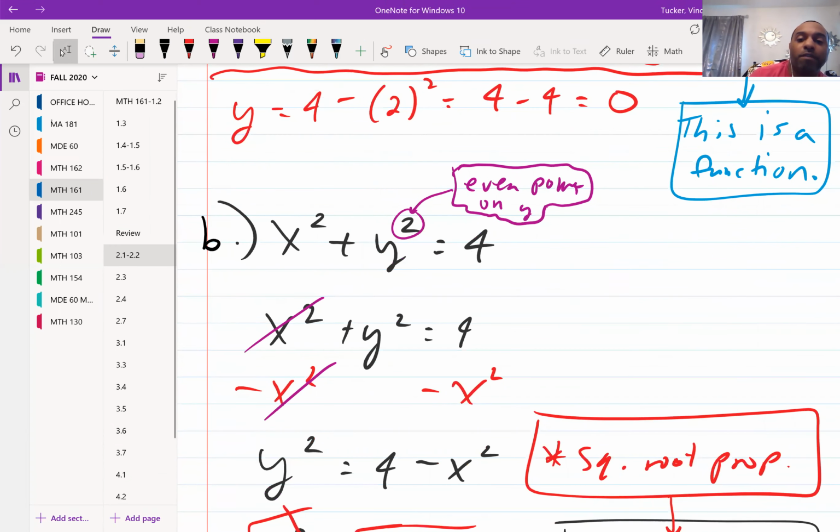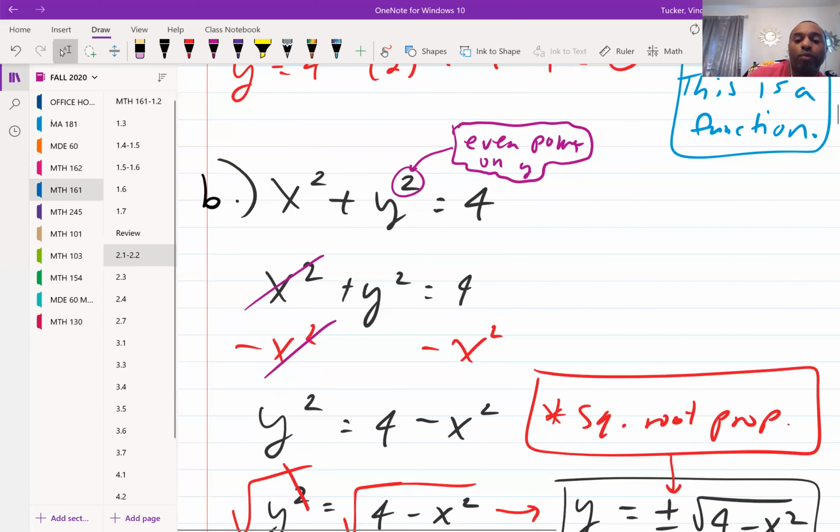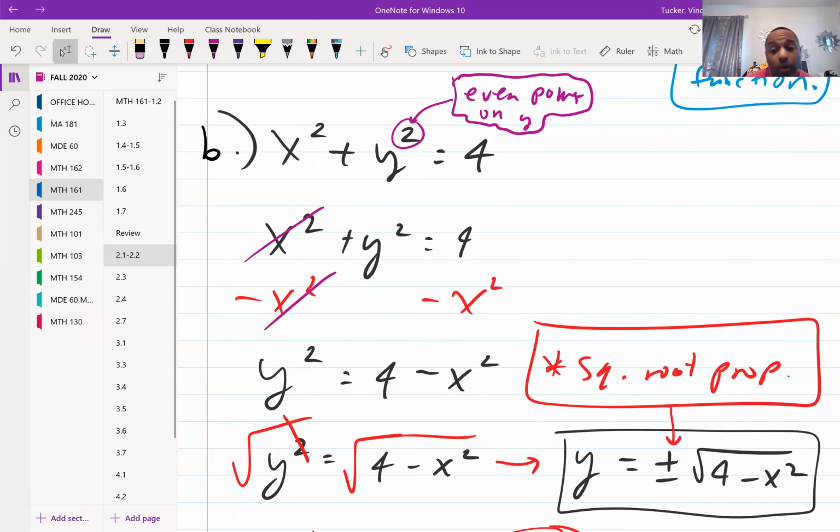And if you have this even power on y, remember the square root property. Whenever you take the square root of both sides, it's going to give you this plus or minus. That even power on the y, whether it's 4th power, 6th power, will produce this result here.